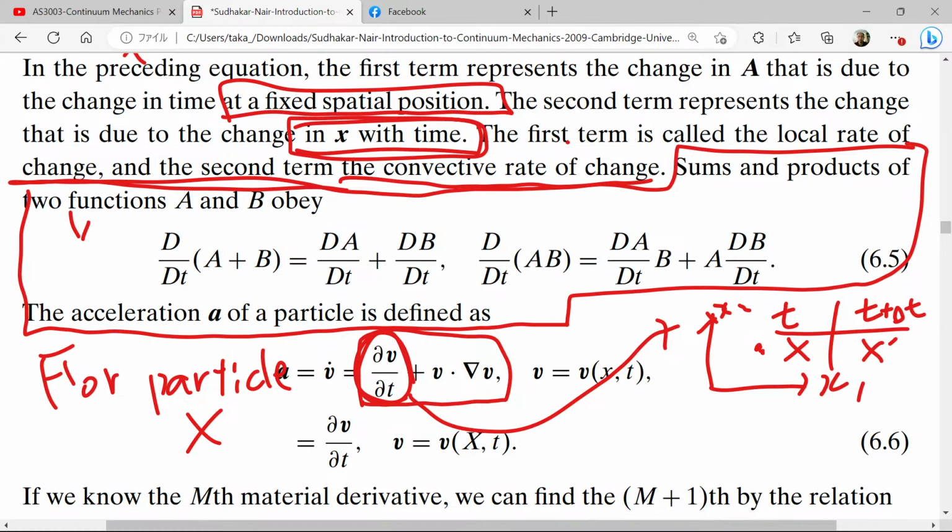So it's interesting, right? How do you calculate? How do you define this one? This is strange.